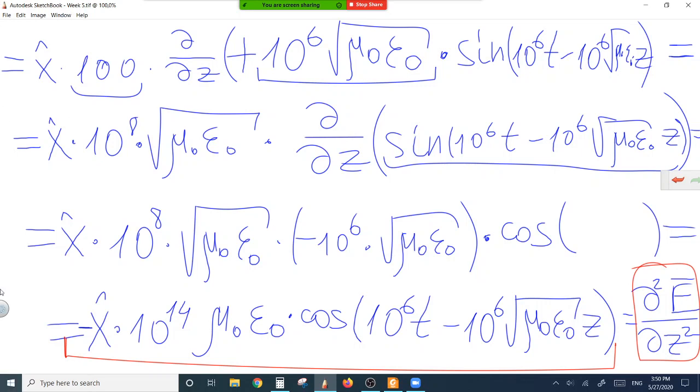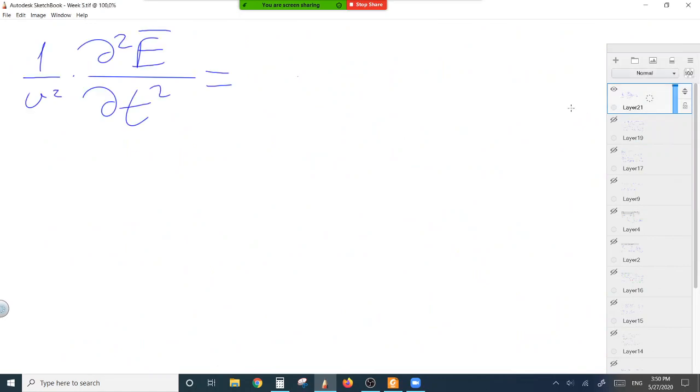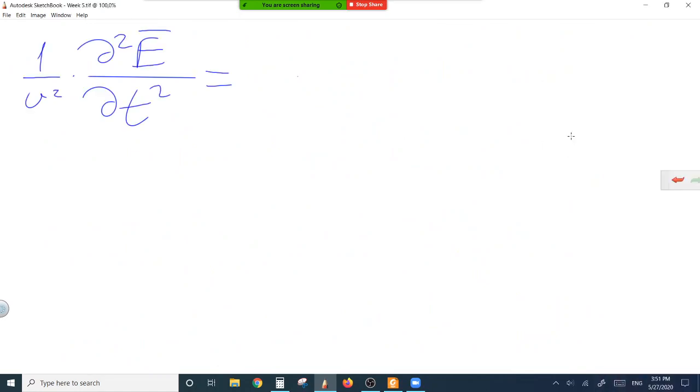In a similar manner, you need to find the second derivative of the electric field intensity with respect to time and multiply it by 1 over v squared. Try to do this derivative by yourself.